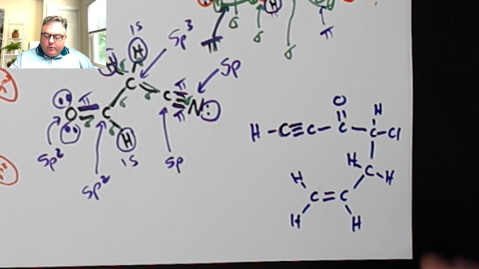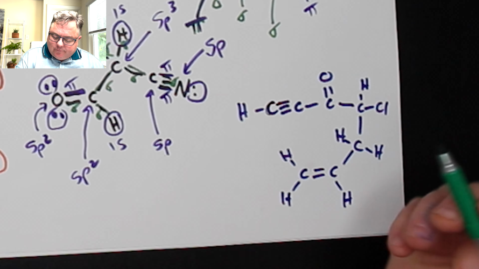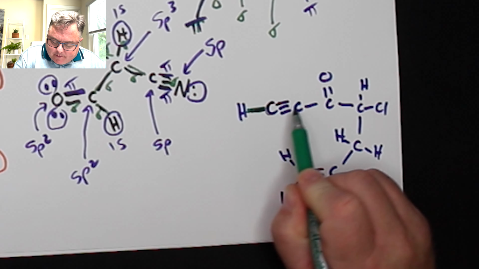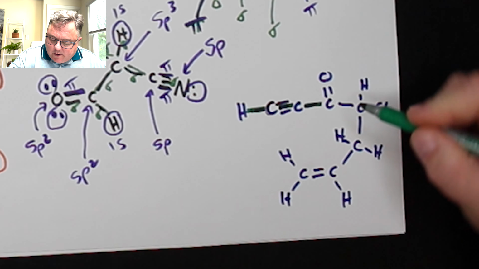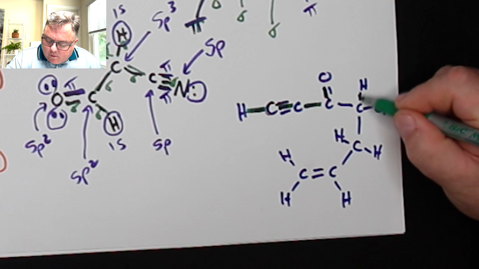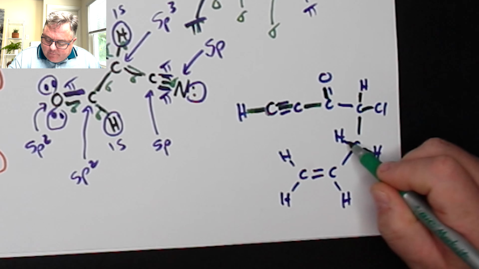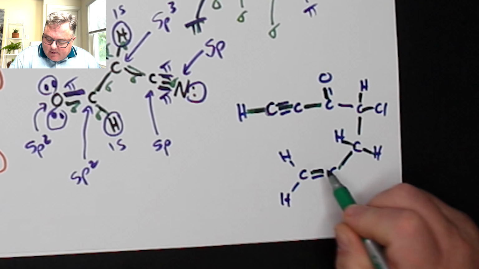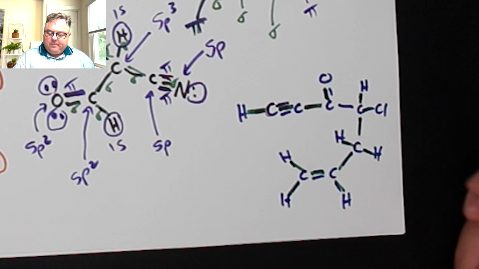So if we go through, I have a sigma bond. I'll make those green. I have a sigma bond here, one here, one here, one here, one here. So there's one sigma bond between all of them.